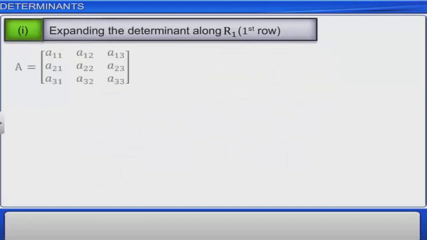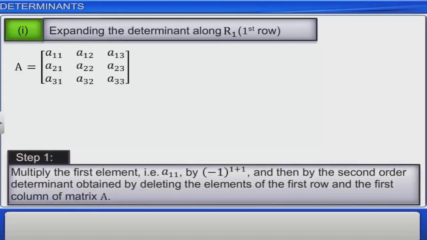First, let us learn to expand the determinant along the first row. Beginning with the first step, multiply the first element, A11 of the first row, by minus 1 raised to the power of 1 plus 1, where 1 plus 1 is the sum of the suffixes of A11.